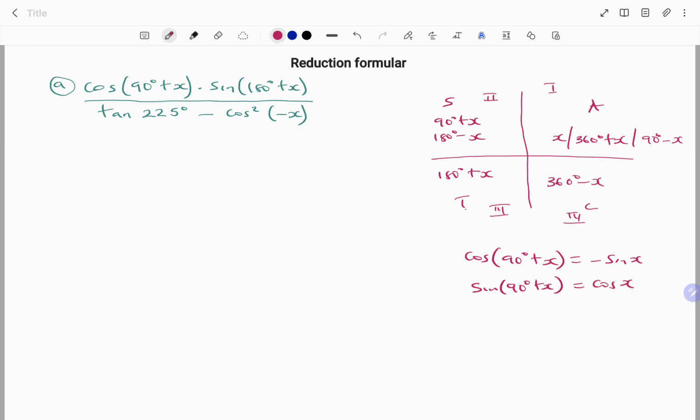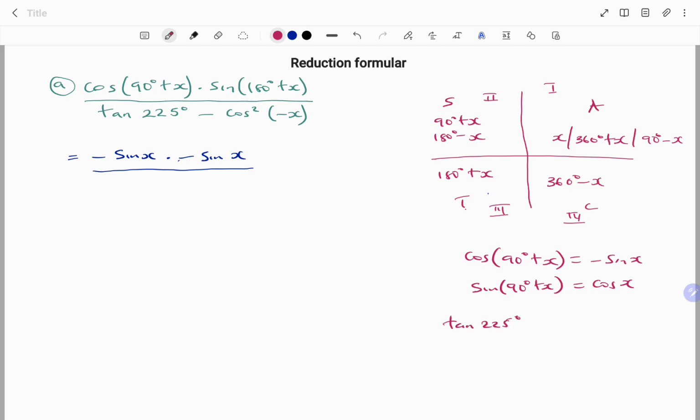So changing cos(90° + x) in the question, it's going to be minus sin x times sin(180° + x). That falls in the third quadrant, and the value of sine in the third quadrant is negative, so that will be minus sin x, over tan 225°.